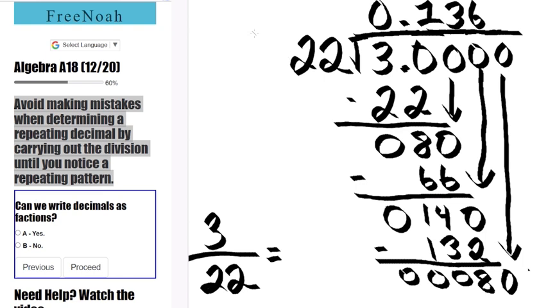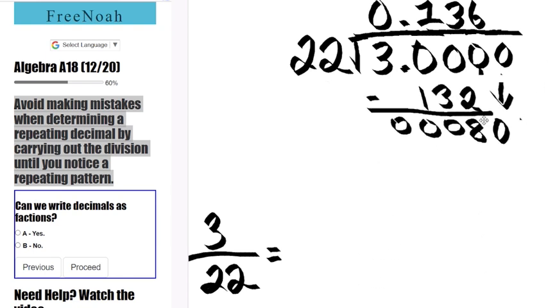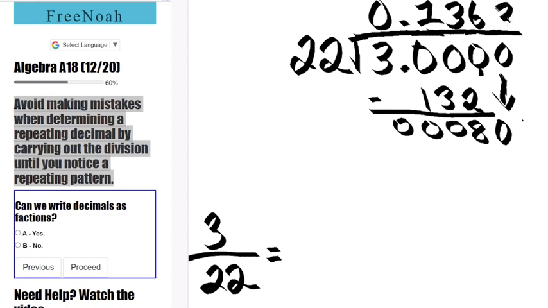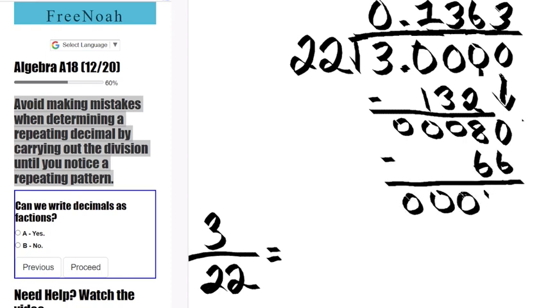All right, bring down another 0 here. We have 80 once again. 22 goes into this 80 3 times. 22 times 3, well, that'll give us 66 again. 80 minus 66 will give us 14. So our second 14.